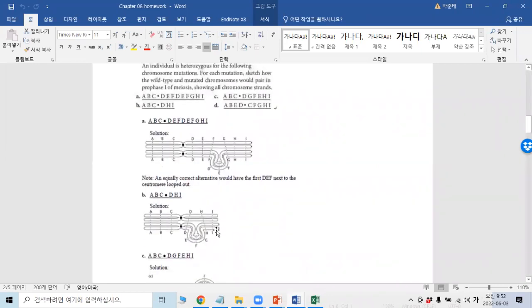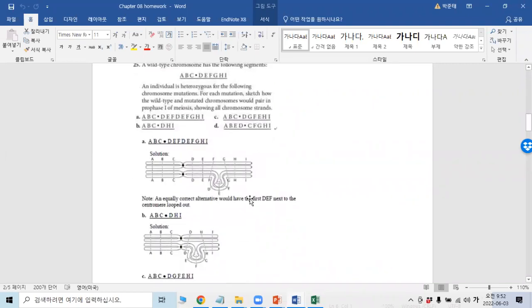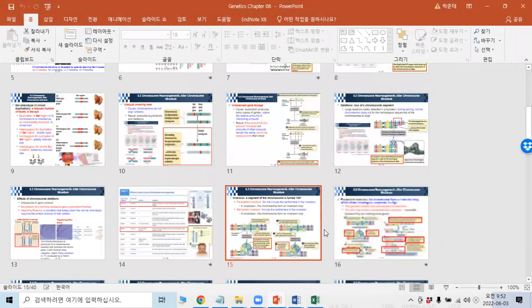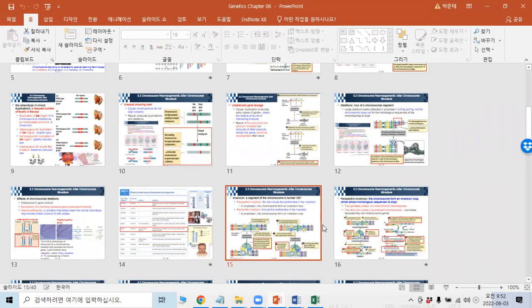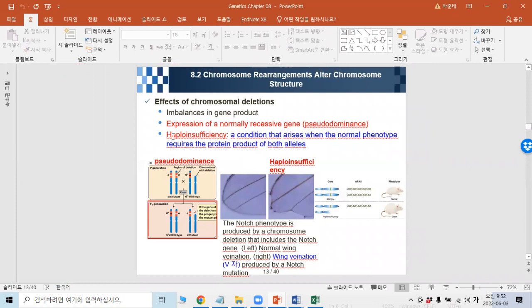Do you have any other questions? This one is important, and this one is also very important because we are in a genetics class. Chromosome structure is the most important in genetics class. We also cover haploinsufficiency, which means a condition arises when the normal phenotype requires both proteins.